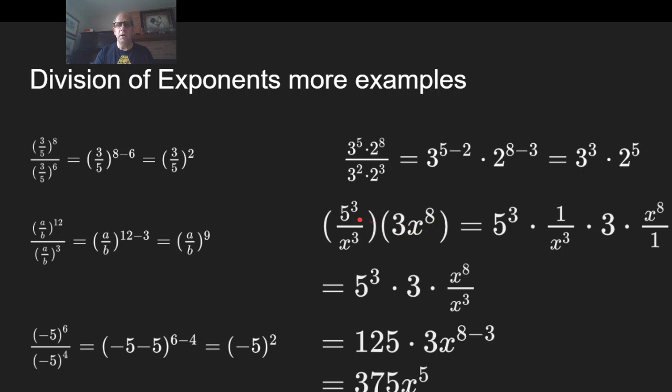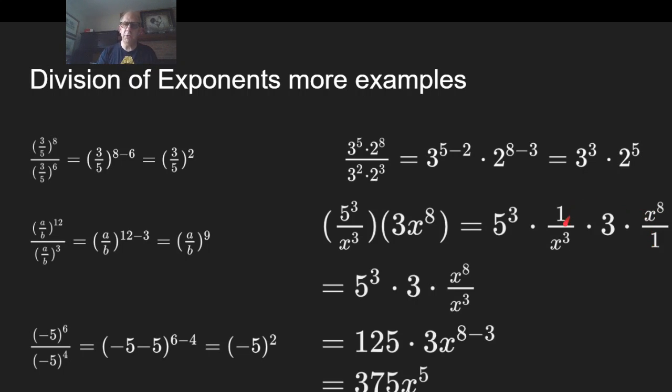Now, if I'm dividing, I'm actually multiplying by the inverse. So 5 cubed divided by x cubed is 5 cubed times 1 over x to the 3rd. 3x to the 8th is 3 times x to the 8th, and I can make x to the 8th into a fraction by putting it over 1.